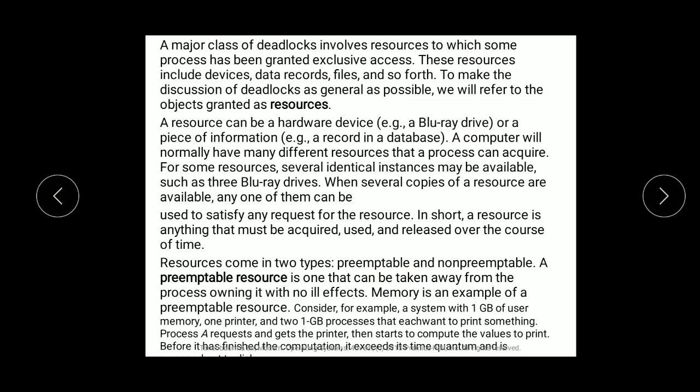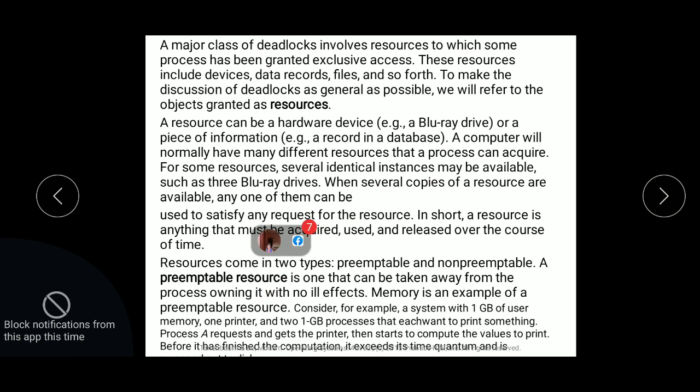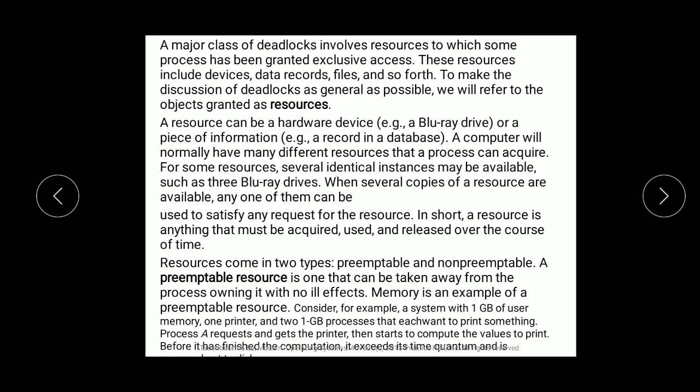That is, I do not have to face any conditions there. That is called a preemptible resource. Memory is an example of a preemptible resource. Yes, memory is shared over all the systems, and for that memory you do not have to go and search for something.